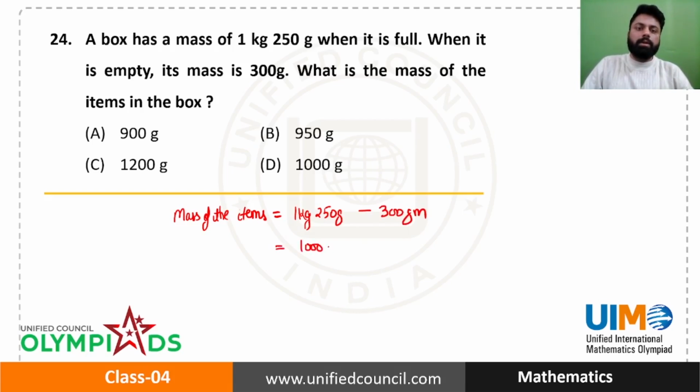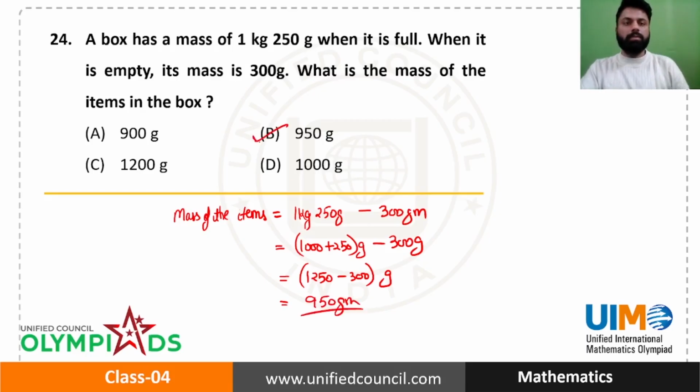This is 1000 plus 250 grams minus 300 grams, so 1250 minus 300 grams, that is equal to 950 grams. B option is the correct answer.